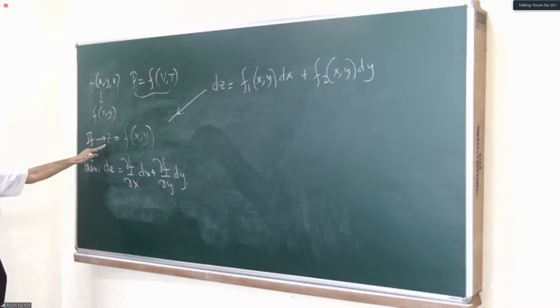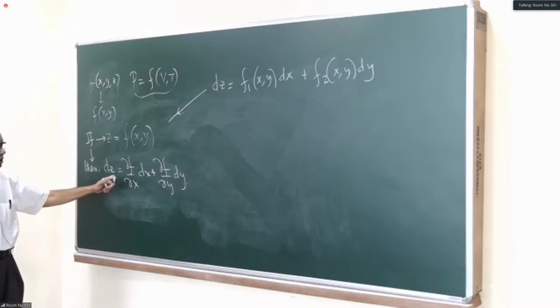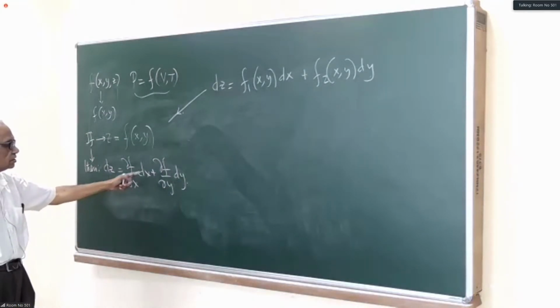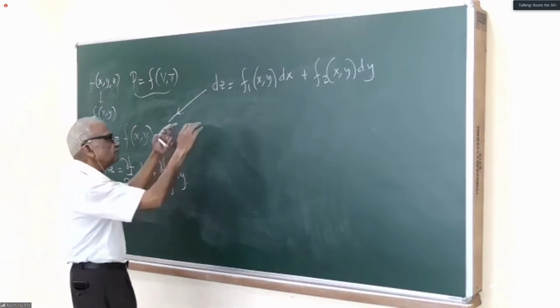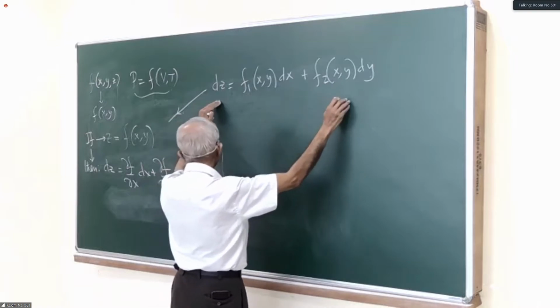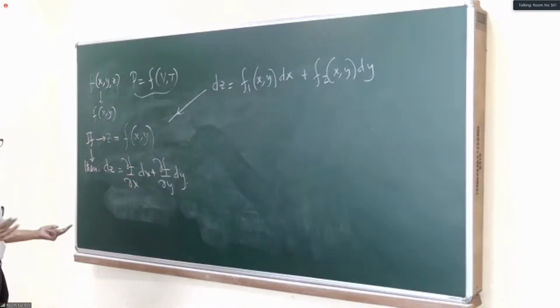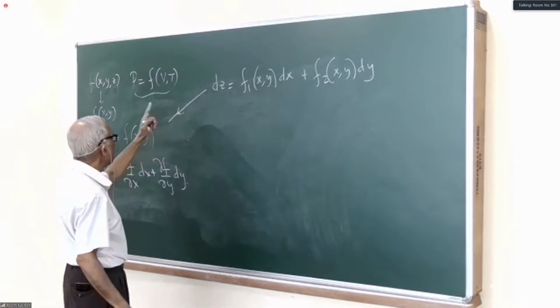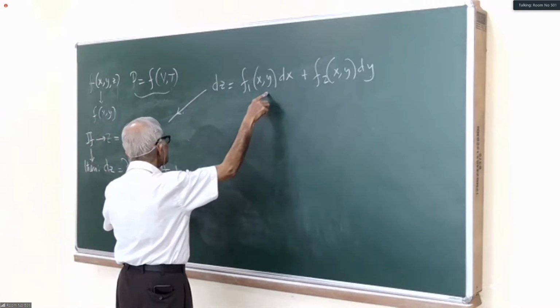If z is equal to f of x,y, then dz is equal to del f dx plus del f dy. And if this thing over here has this structure, then I'm in business. I can tell you from this relationship what f is. And when do you know that this and this are the same?